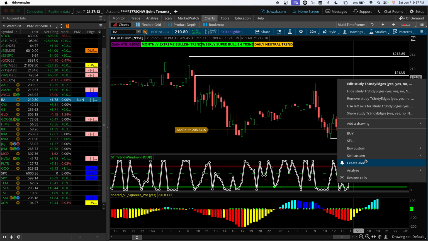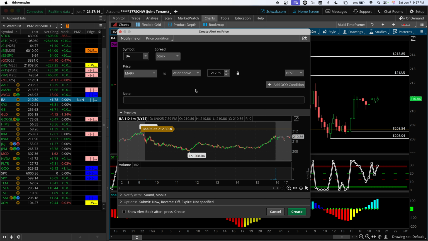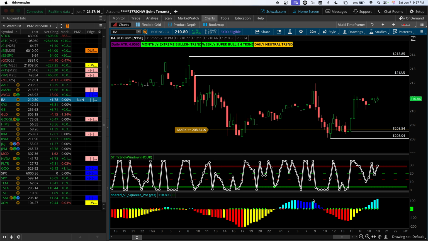I'll do the same thing at my sell zone, where I would be alerted to enter puts, playing it back down to the buy zone where I have the inside candlestick pattern. Okay, that's pretty cool.